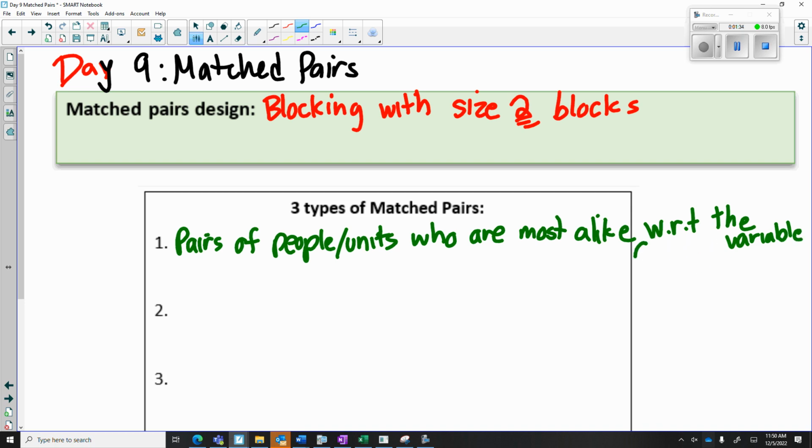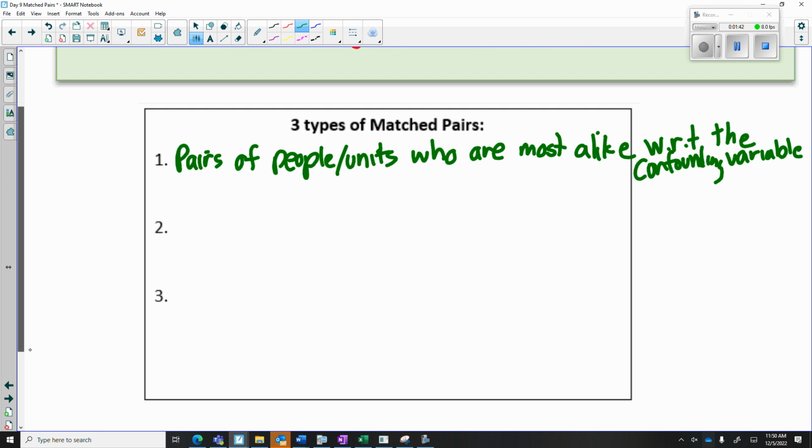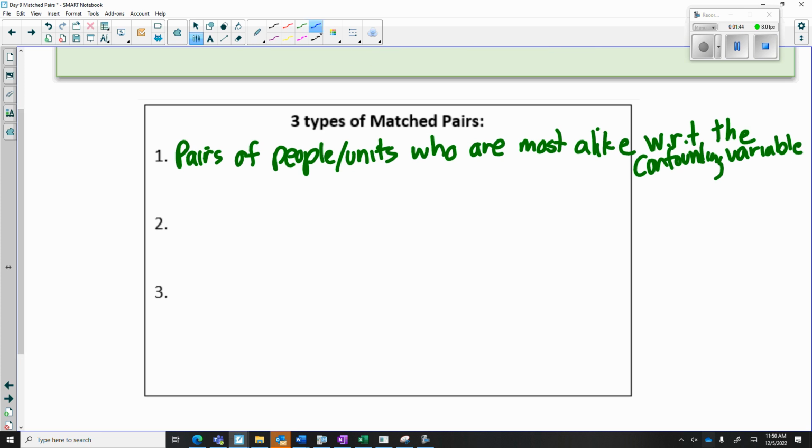Okay, so there's a few different ways that we can pair people. We can pair people who are most alike with respect to the variable that we're measuring, like height. So pair the 2 shortest people, pair the next 2, pair the next 2, pair the 2 tallest people. Another example that we've seen is twins, because who better to compare yourself to than your twin?